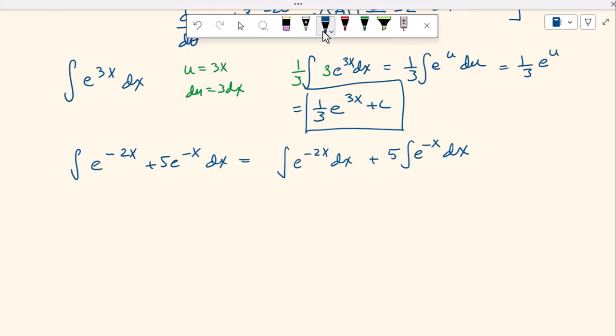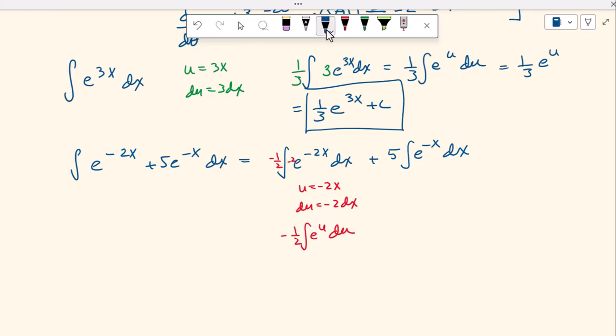Now the reason I split these up is the arguments are different, so my substitutions are different. So here u would equal negative 2x. du would be a negative 2 dx. I'm missing the negative 2, so I multiply by negative 2 on the inside, compensate with a negative 1/2 on the outside, and this ends up looking like negative 1/2 integral e to the u du.